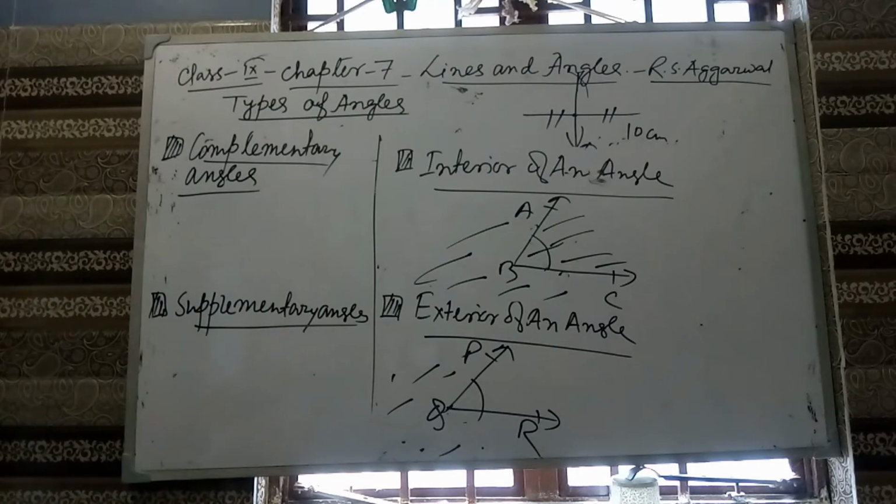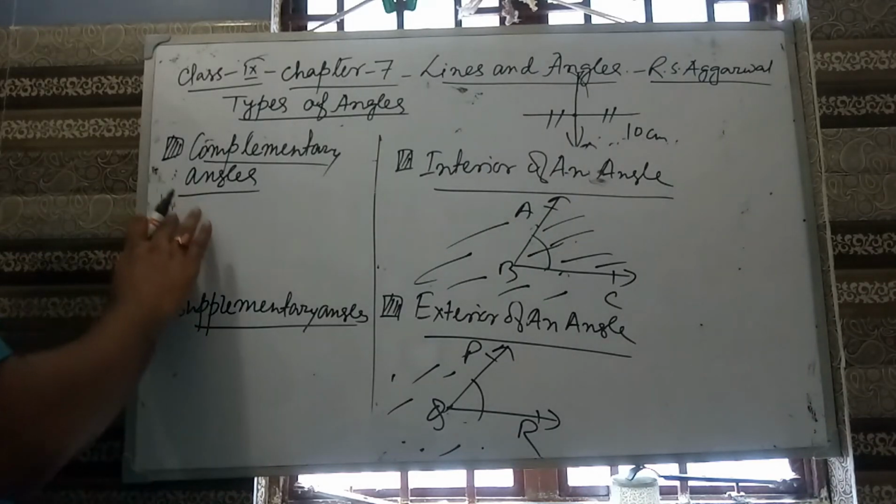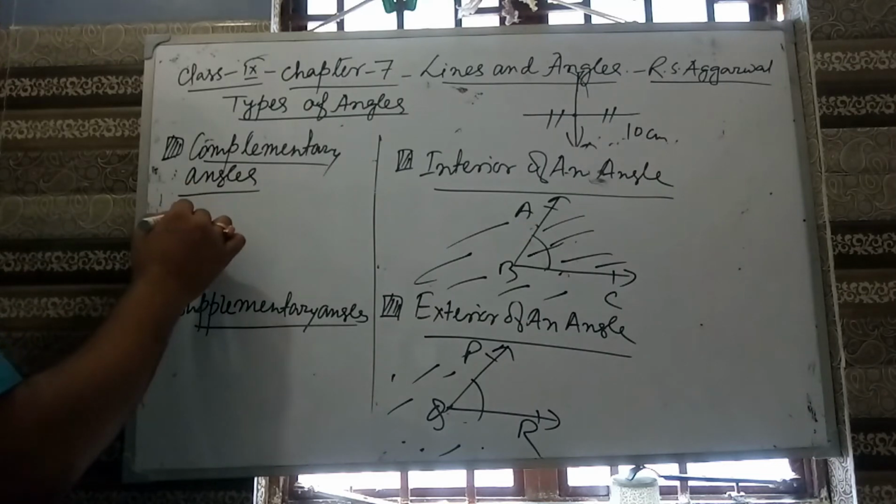Complementary angle means if the sum of any two angles is 90 degree. It will be clear with an example.